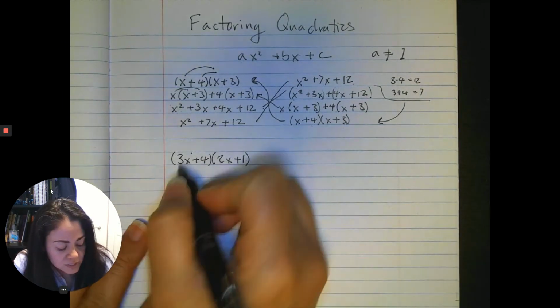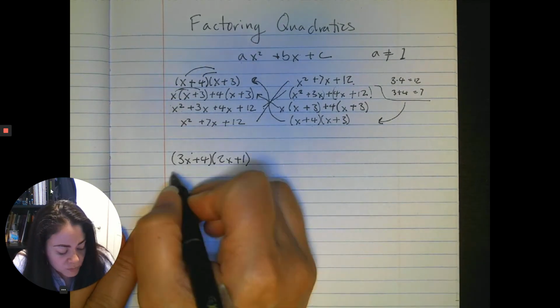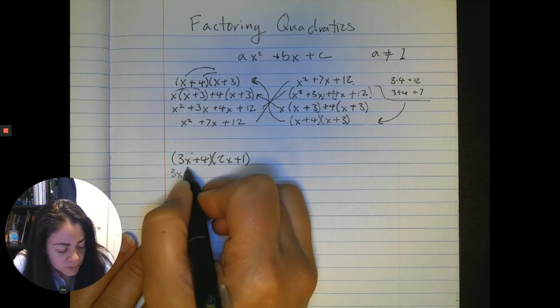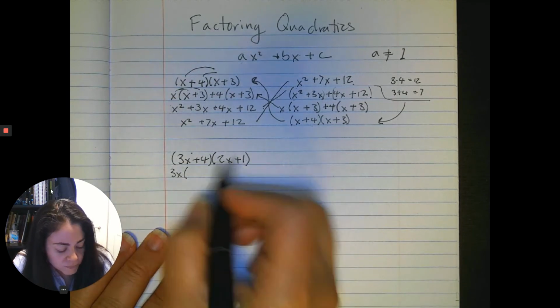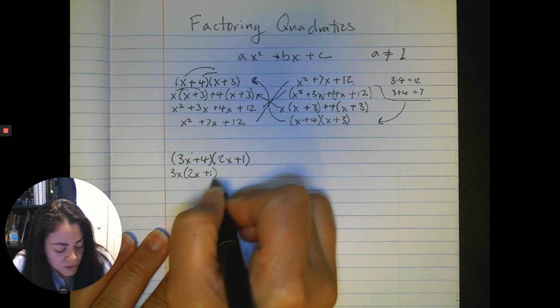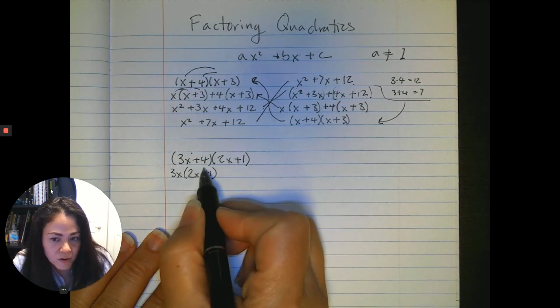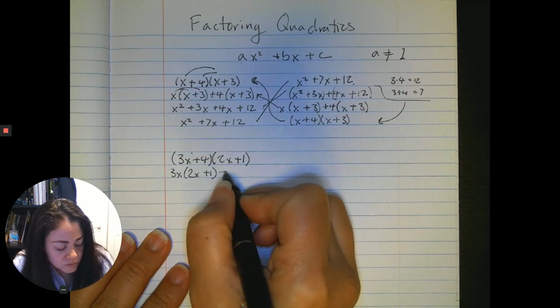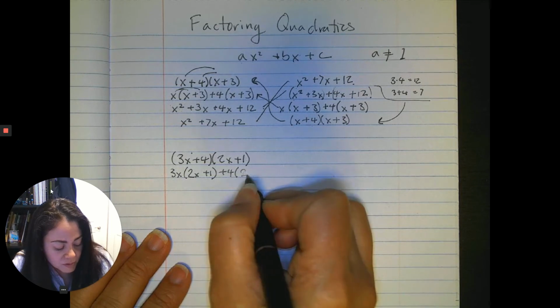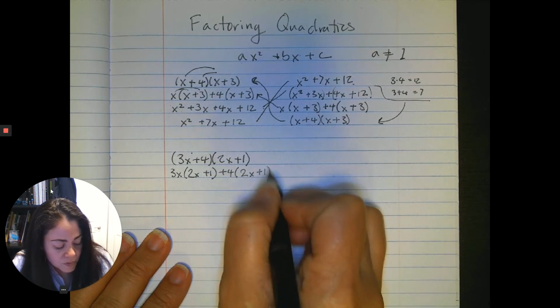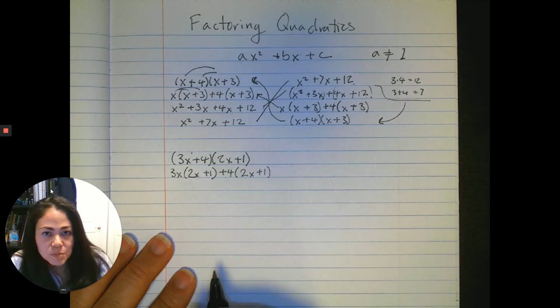So we're going to take the first term of the first binomial, 3x, and multiply it by the second binomial, 2x plus 1. And then we take the second term of the first binomial, plus 4, and multiply it by the second binomial. And then we use that distributive property like we did before.